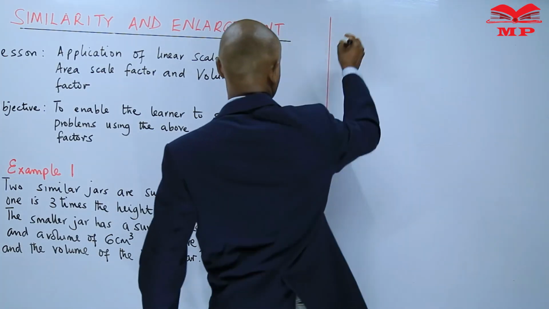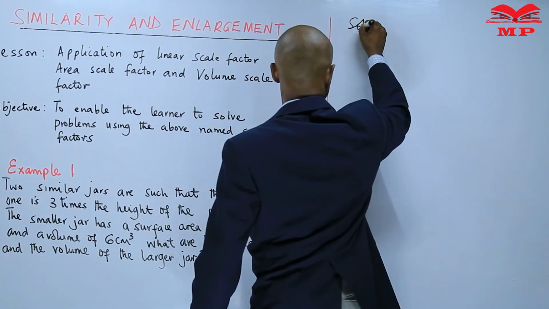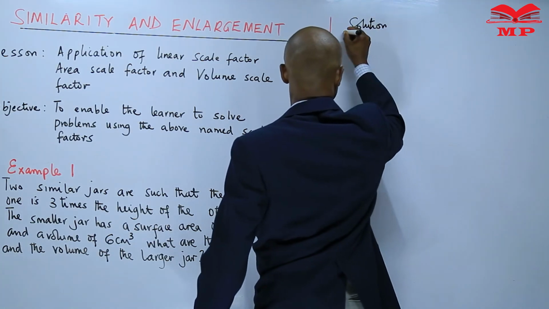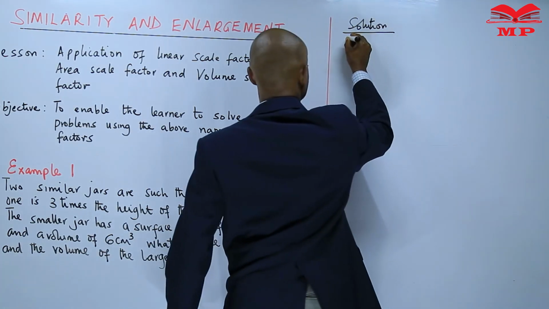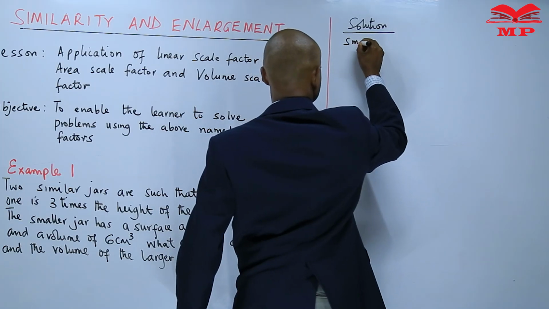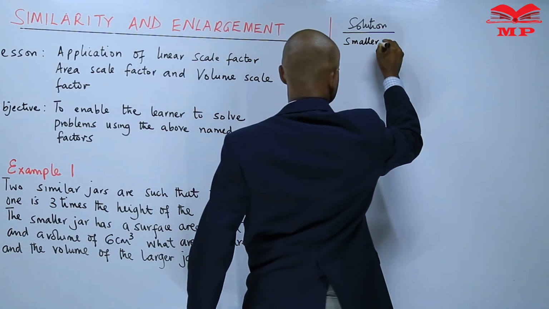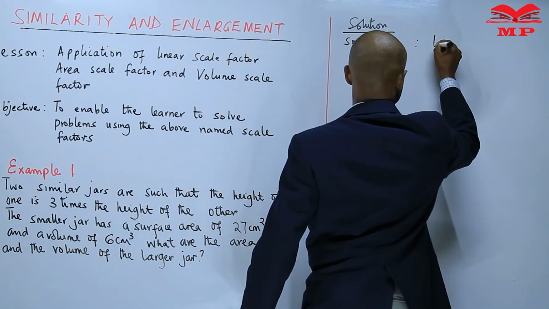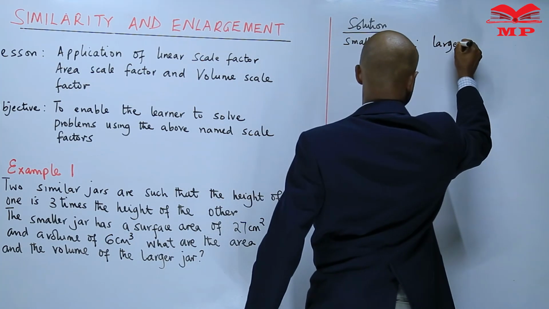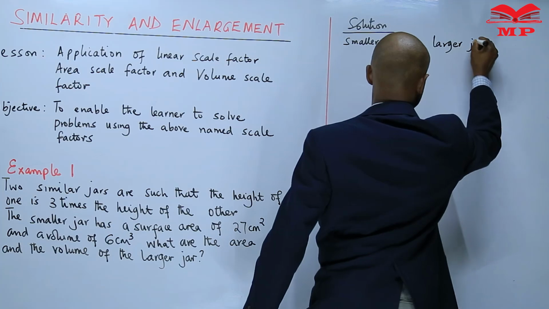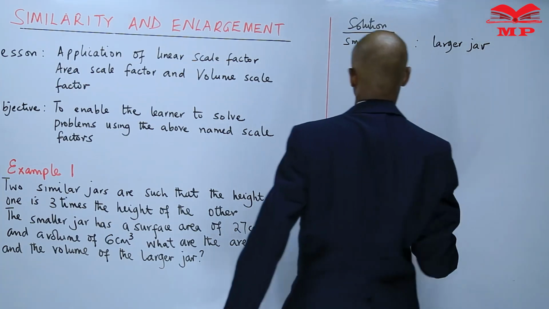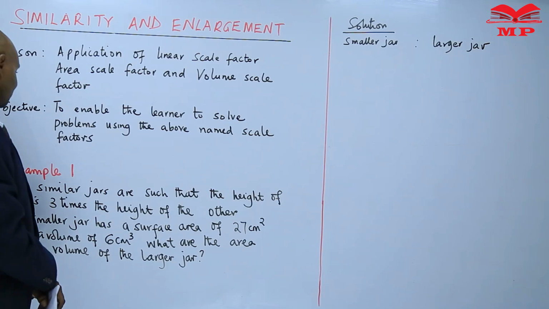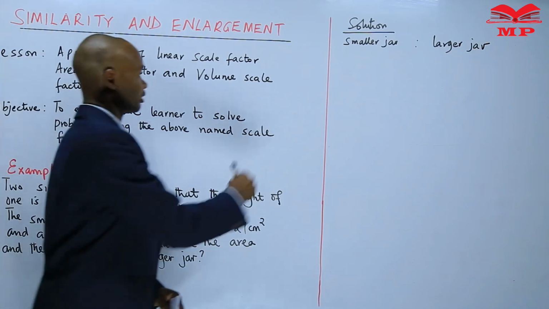So we come to the solution. We have the smaller jar and the larger jar. There is a relationship given there, the relationship of the height.